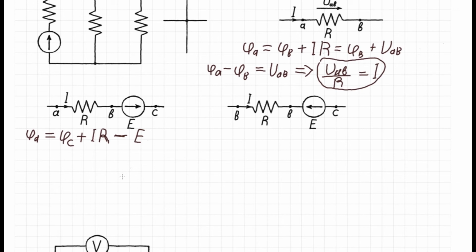Okay, and hence from here the expression that UAB equals I multiplied by R minus E, the electromotive source, the electrical field strength.